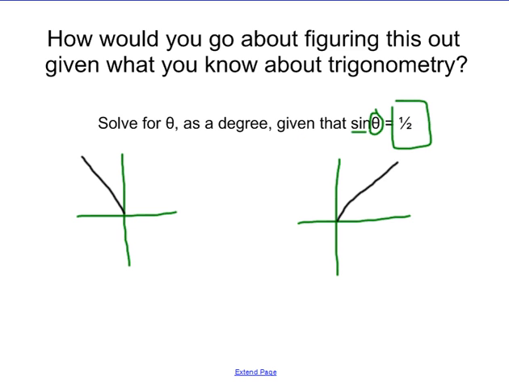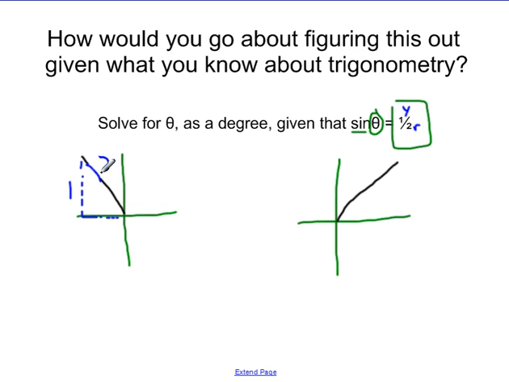Now with the 1/2, what that tells me is that my y is 1, my r is 2. So if I'm looking at this, my y value is 1. My r value will be 2.